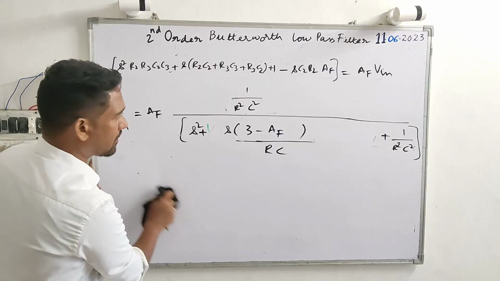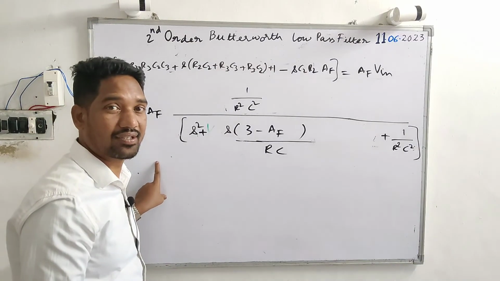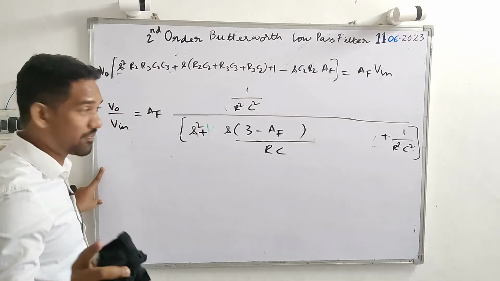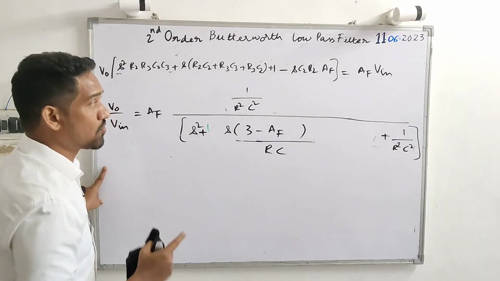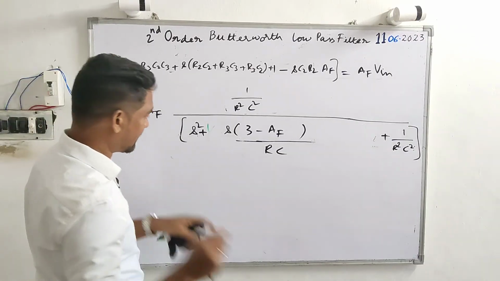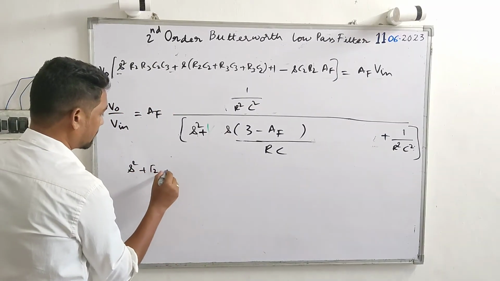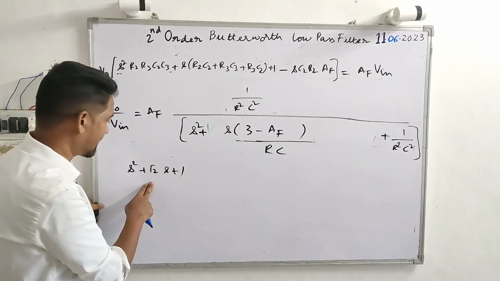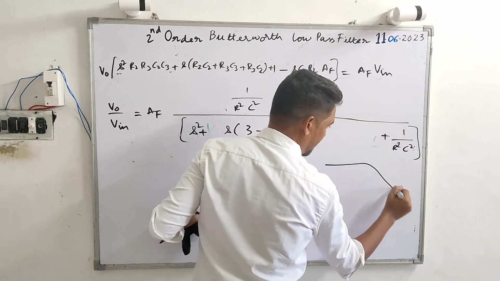All right, this is okay, but another important point is we have to normalize that transfer function to Butterworth response, so that we get the design expression. In that expression this has to be compared with s square plus root 2 s plus 1, the Butterworth polynomial, in the sense to have this Butterworth response.